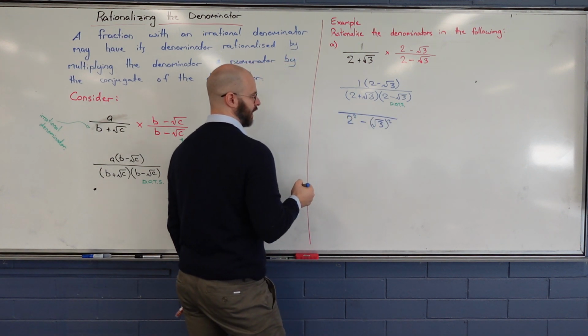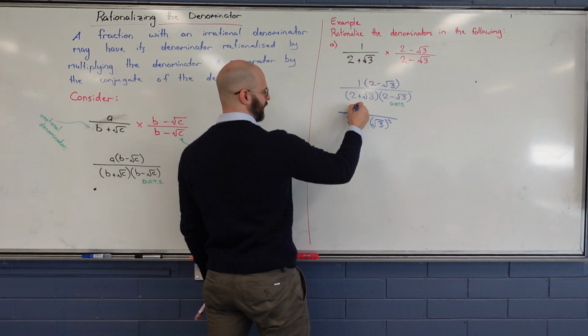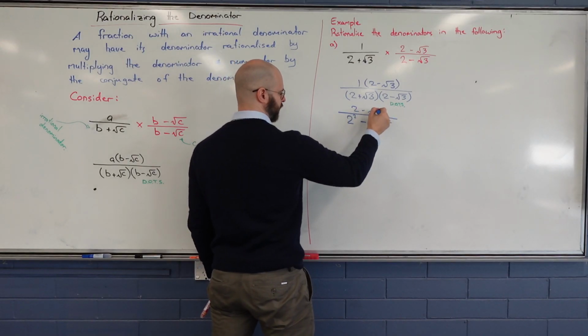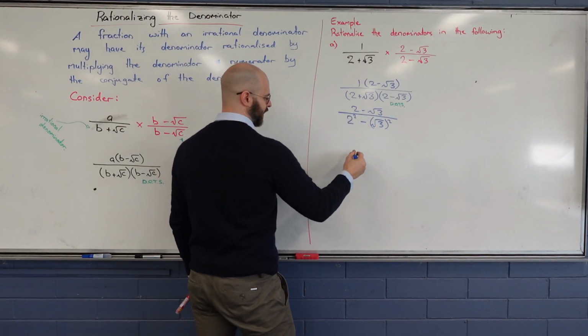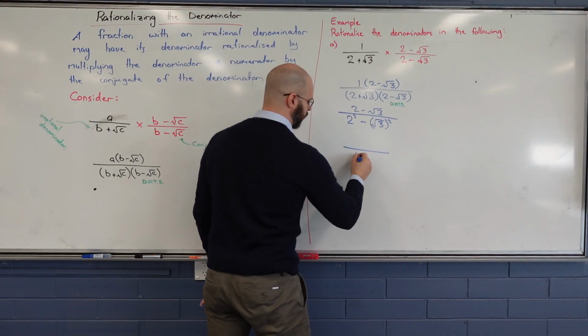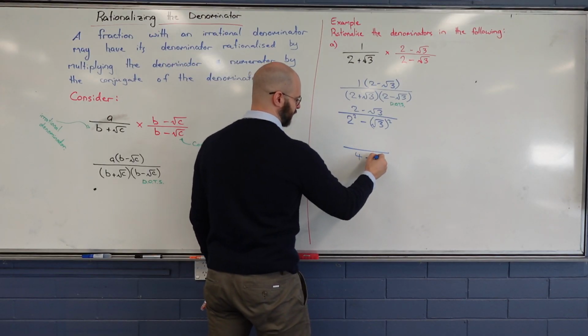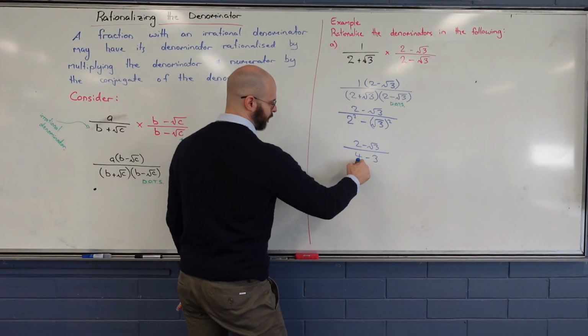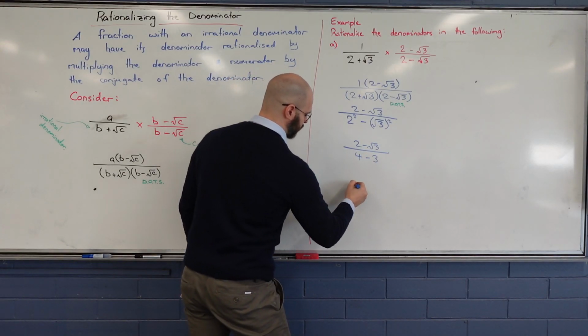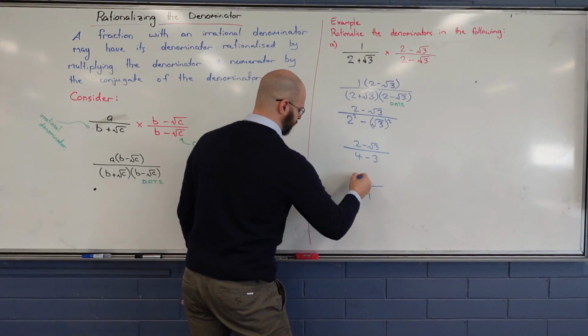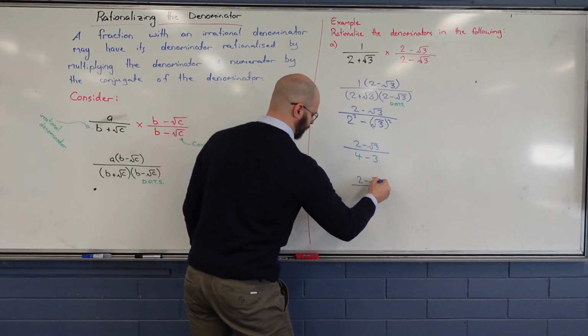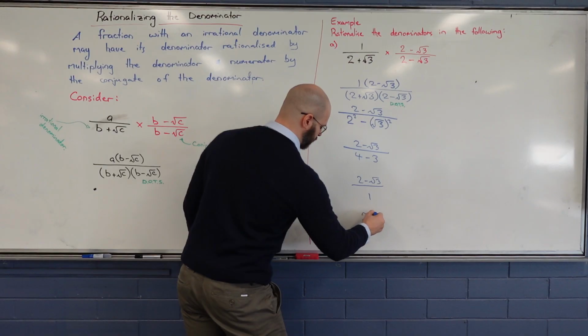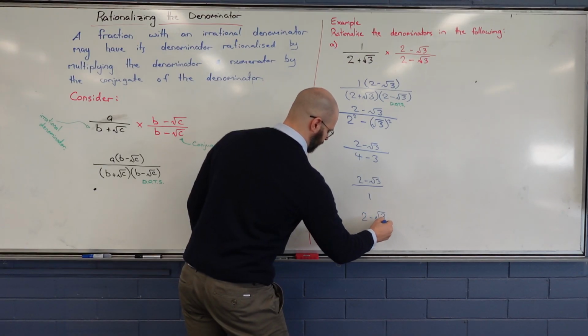That's all under. Expanding this out, it's 2 minus root 3. Simplifying downstairs, we have 4 take 3. And then we have 4 take 3 is 1. So it's just going to be 1 under 2 minus root 3, which is 2 minus root 3.